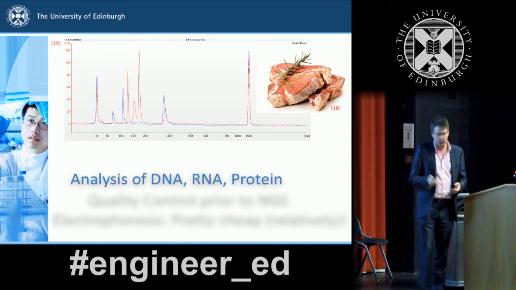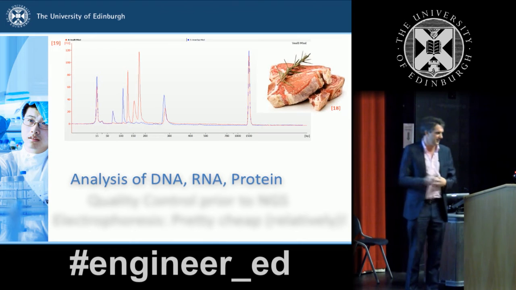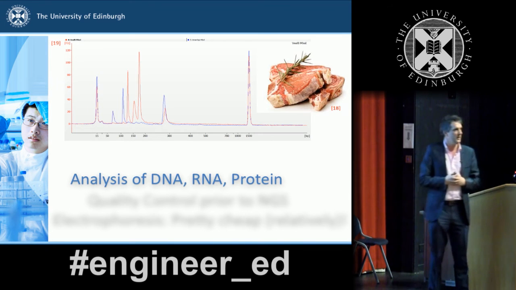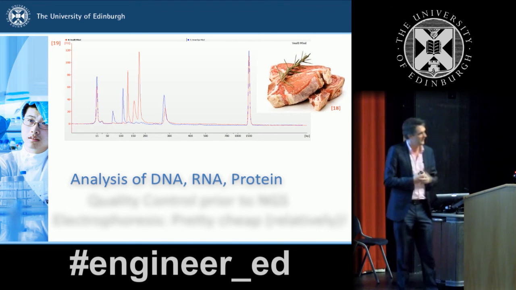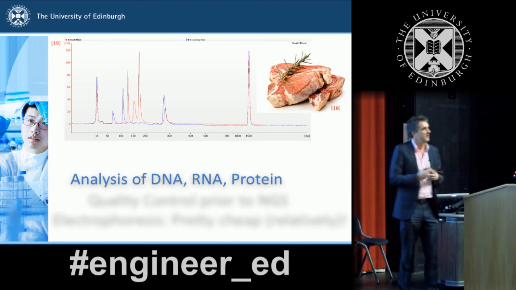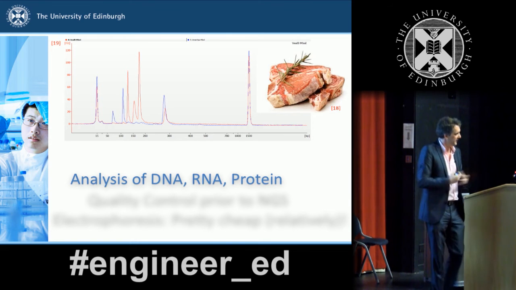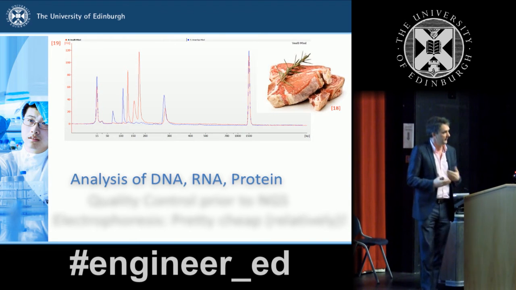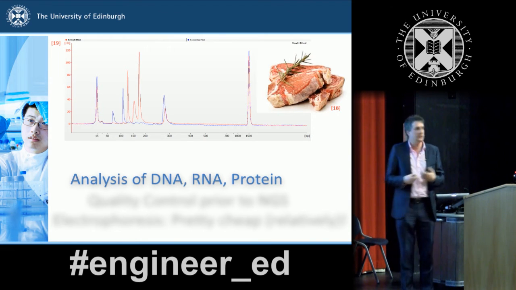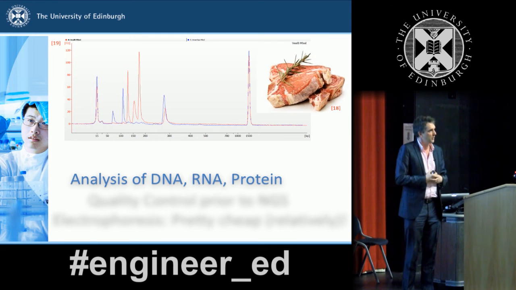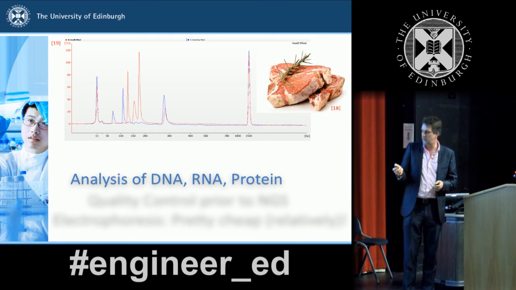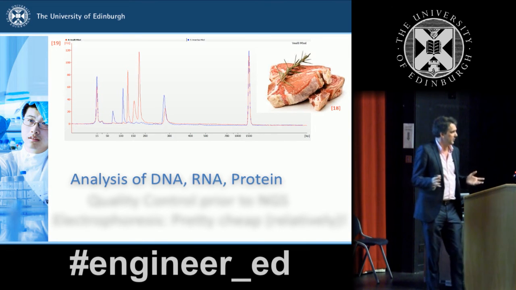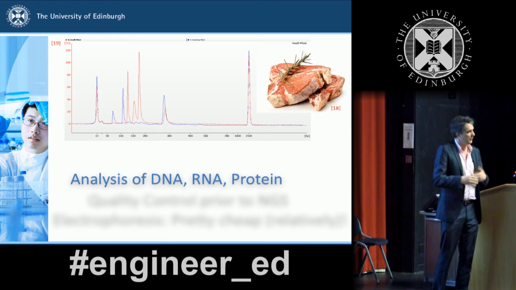So I was going to put a picture of some lasagna up here, but I didn't, as they were saying in The Apprentice, I didn't really want to upset any large supermarket by naming who they were, but you'll know that there was a bit of an incident a few years ago where your favourite lasagna had horse meat in rather than actual beef, and in order to test these lasagnas, test the meats, they actually used electrophoresis as one approach for doing that, because for proteins you can get basically a DNA kind of fingerprint which is able to uniquely match to a particular protein.